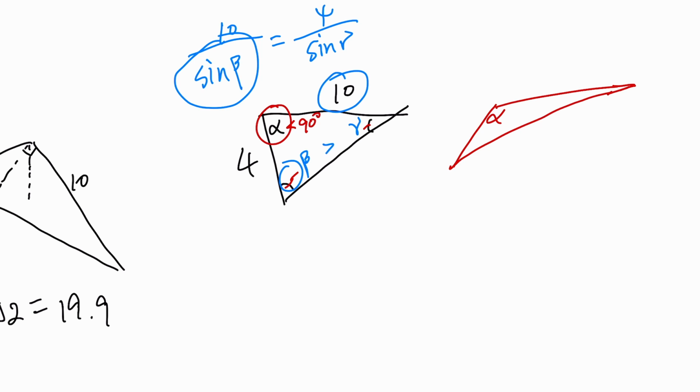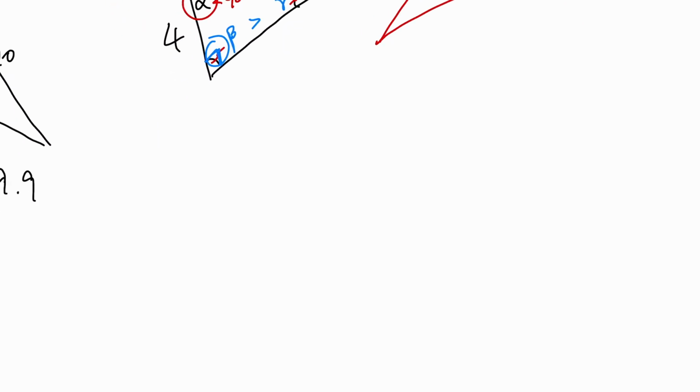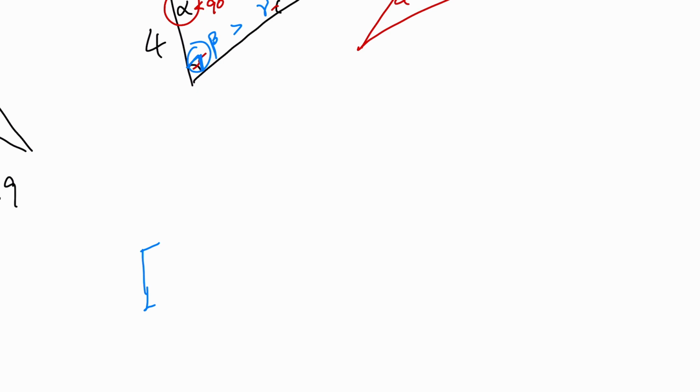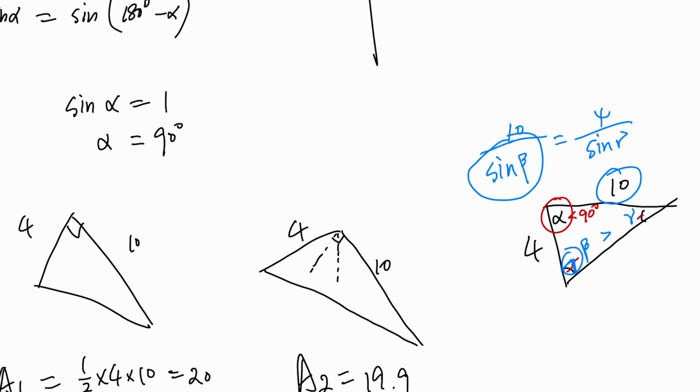So beta is greater than gamma, and the edge case would be beta as 90 degrees. In this case, alpha greater than 90 degrees would yield exactly one outcome. So it makes sense that it will be a closed bracket over here, as shown.